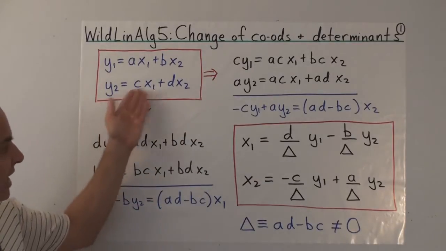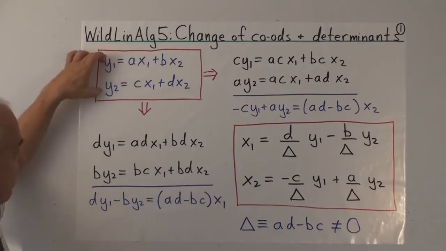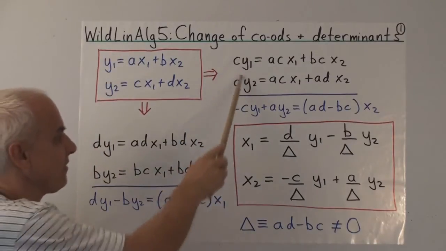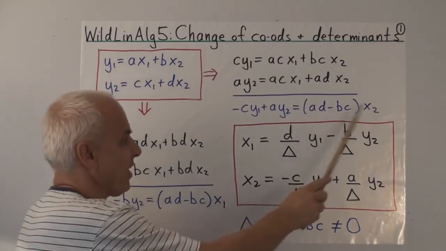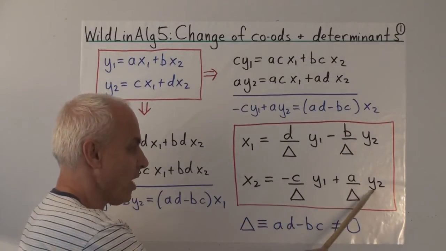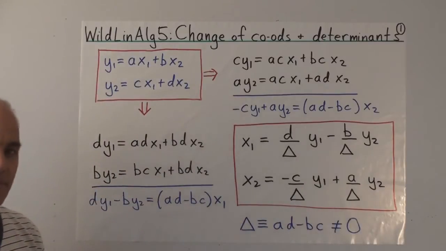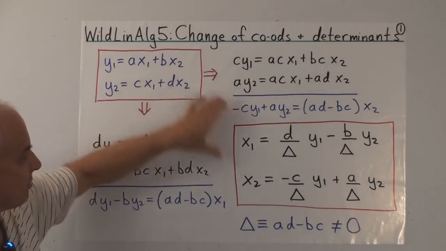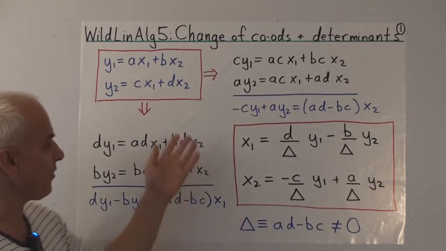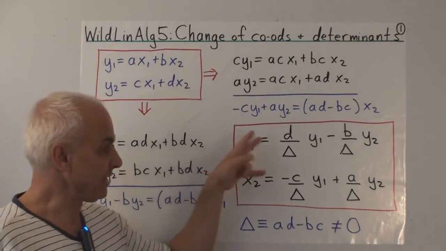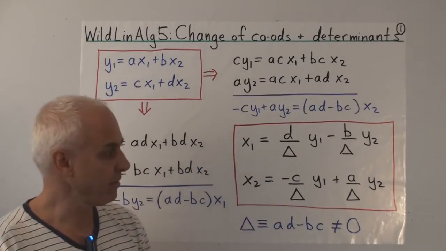On the other hand, to get x2, we take the same pair of equations, multiply this one by c, this one by a, take the difference, then solve for x2 to get minus c over delta y1 plus a over delta y2. So let me remark on the symmetry between these two things. Both of them are expressing one pair of variables as linear combinations of the other pair.